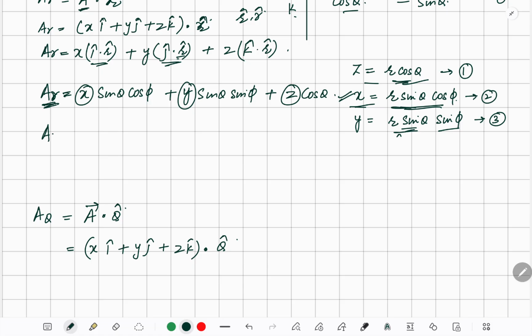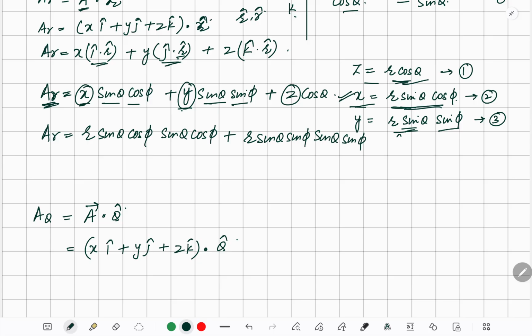So a_r equals, in place of x we have r sine theta cos phi, times sine theta cos phi, plus in place of y we have r sine theta sine phi, times sine theta sine phi, and then plus in place of z we use r cos theta, times cos theta.